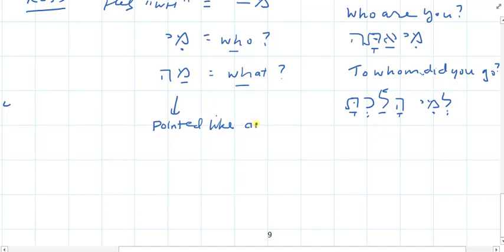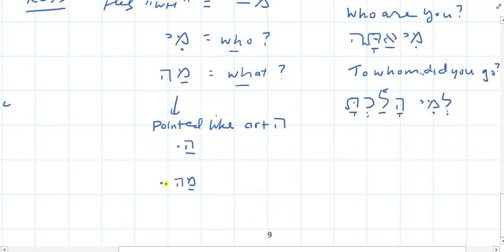Okay? Well, how is the article hey pointed? I put hey, pathach, and doubling dot, dagesh forte, in the first consonant of the word that it's being prefixed to. What about ma? Well, if it's pointed like that, it's going to be pathach and then doubling dot.